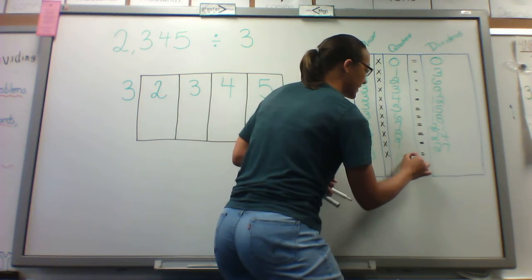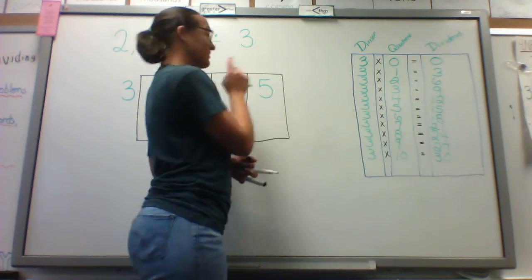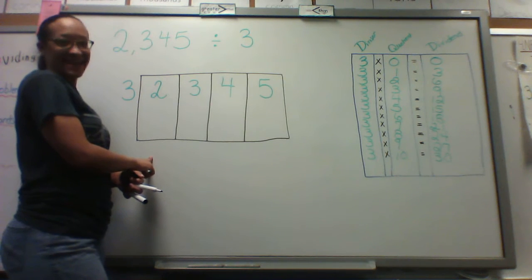And 3 times 10 equals 30. That way that works on multiplication and division at the same time.